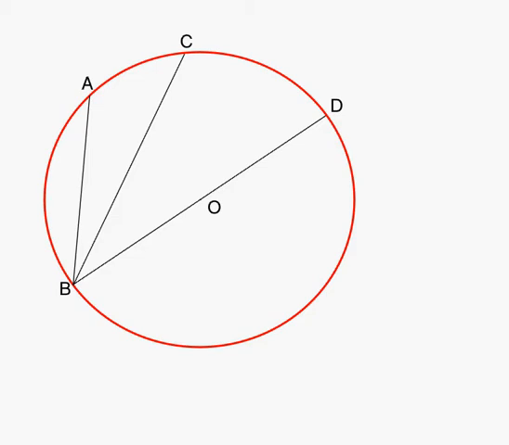So for angle ABD, we have that equal to 1/2 the measure of arc AD.